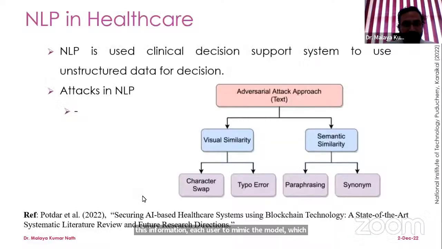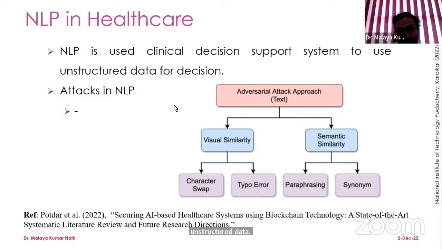So here there are some attacks that have been presented. In case of natural language processing, the clinical decision support system is used on unstructured data for decisions. The attacks in NLP are adversarial attacks on text: visual similarity, maybe swapping of characters, a typographical error, or semantic similarity, that is paraphrasing or synonyms.